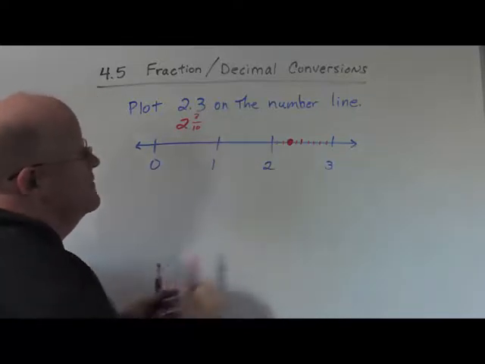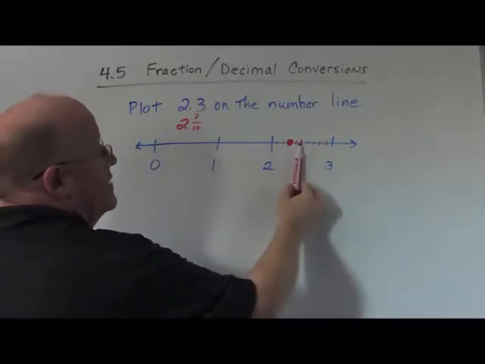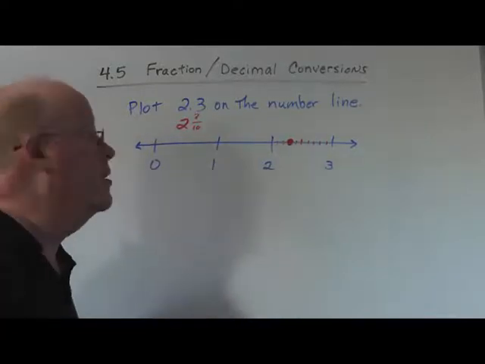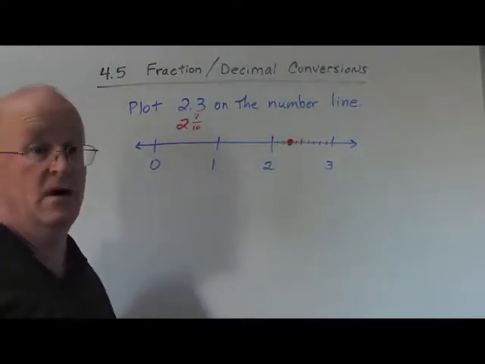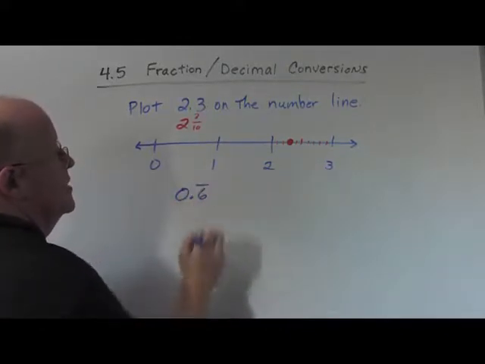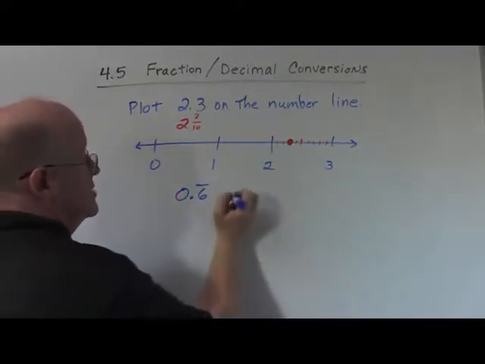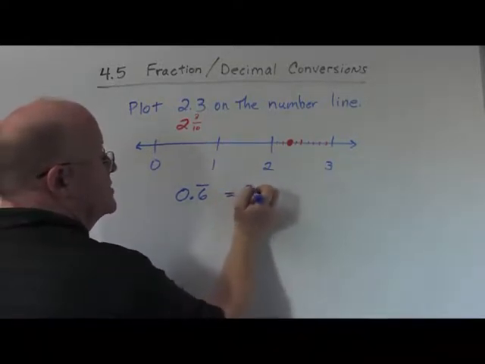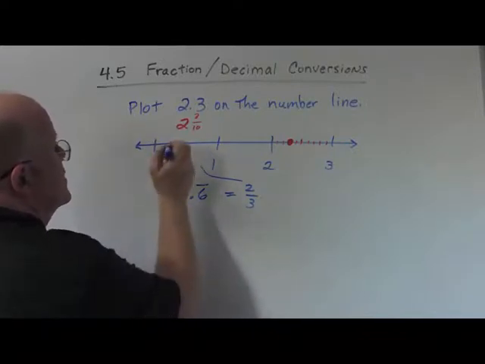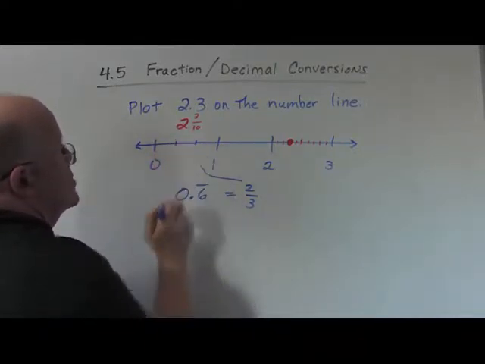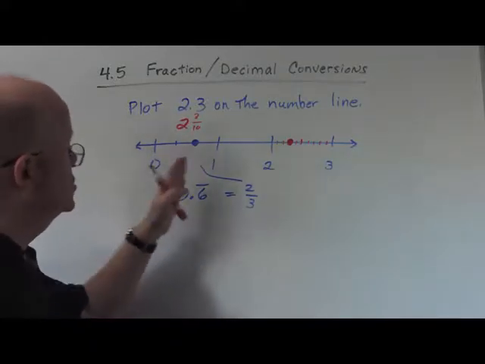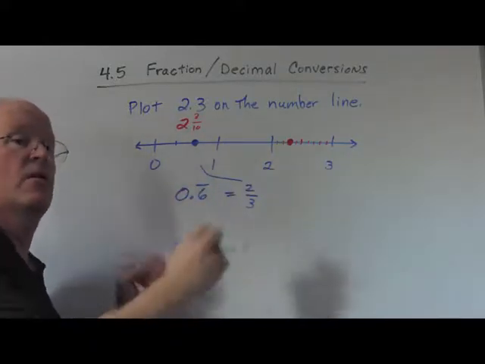Other people just like to eyeball it. They know that 2.5 stands for 2.5, and they just kind of go a smidgen to the left of that and eyeball where that 2.3 would fall. If you have a repeating decimal such as 0.6 repeating, you pretty much need to know that its fractional equivalent is 2/3, and that we would split this interval here up into 3 parts and plot that point right there in 2 of those 3 parts between 0 and 1.